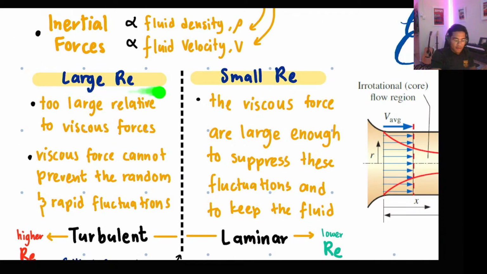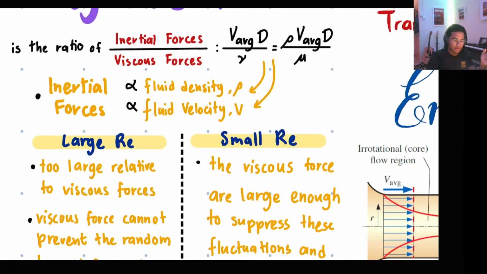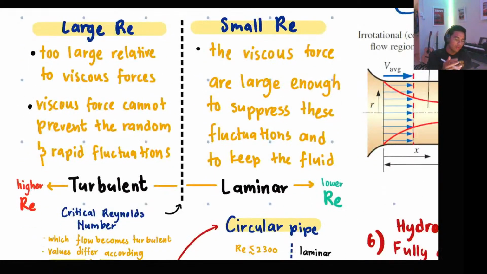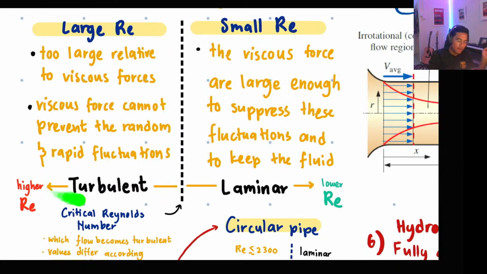So when you have a large Reynolds number, the viscous force cannot prevent the random and rapid fluctuations of the velocity of the fluid. Like I mentioned, the inertial forces are what make the fluid move. If the viscous forces that restrict the motion are very small in comparison to the inertial forces, then the velocity will be fluctuating and it cannot be controlled. So that is why large Reynolds numbers have turbulent characteristics.